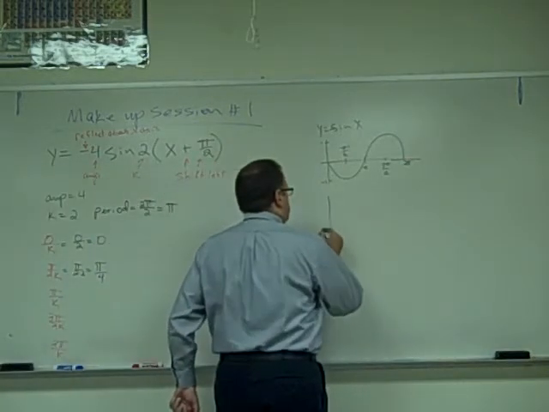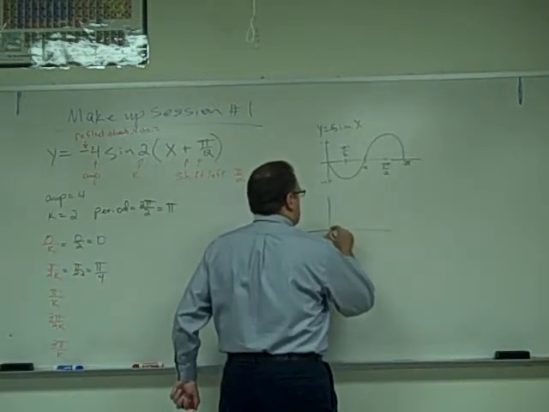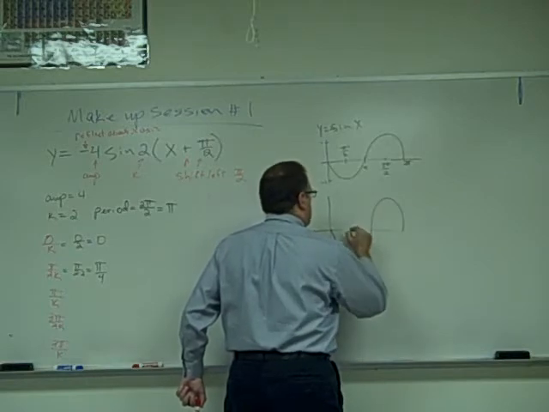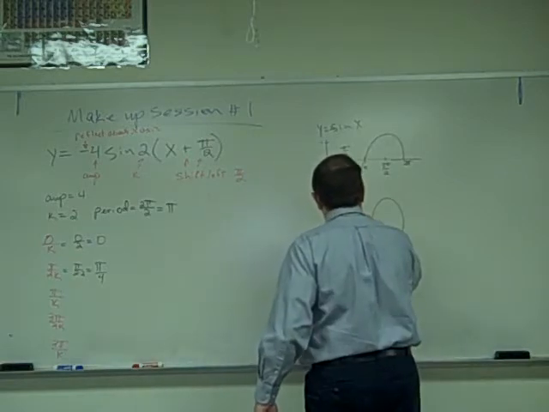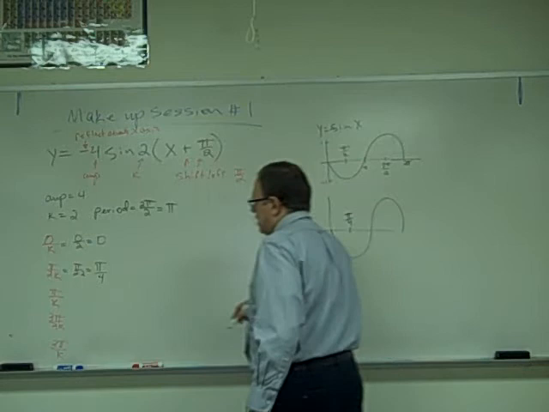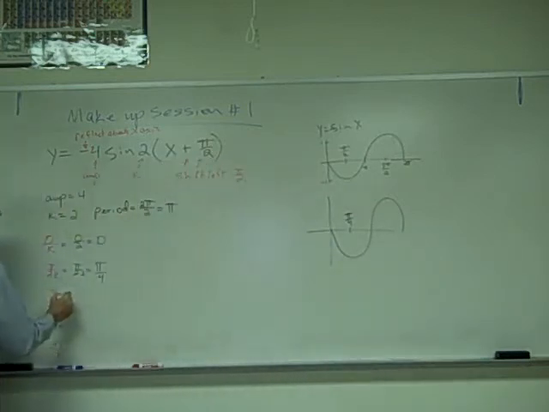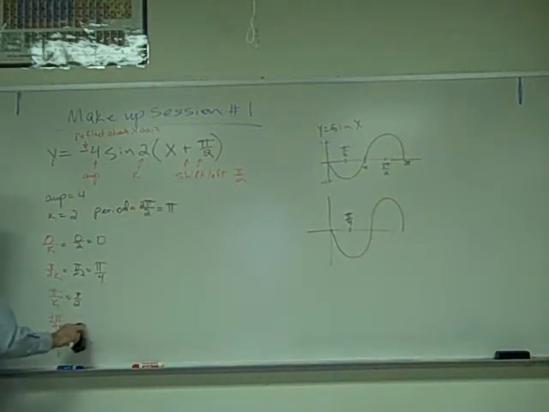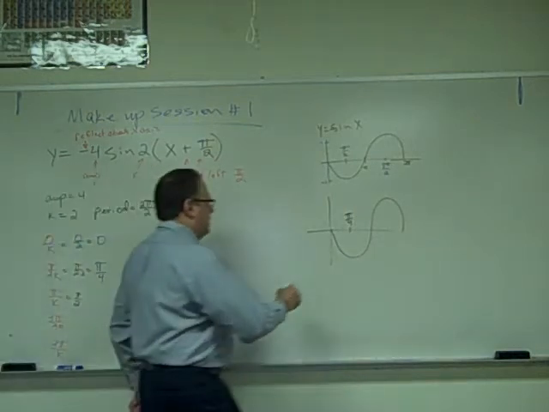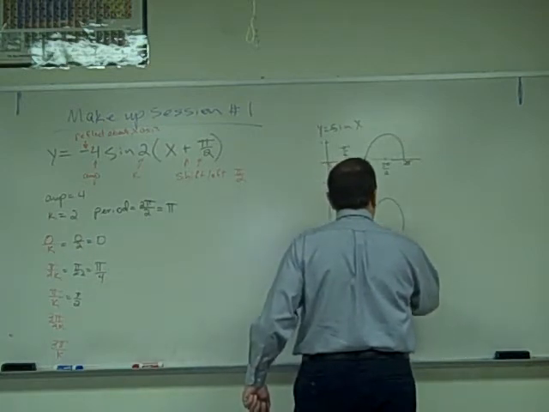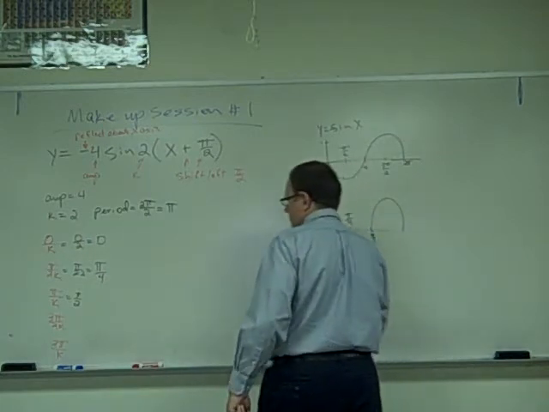So here, now instead of being at pi over 2, now we're at pi over 4. And so pi over k, we said k is 2, that'll just be pi over 2. So now instead of being here at pi, we're at pi over 2.